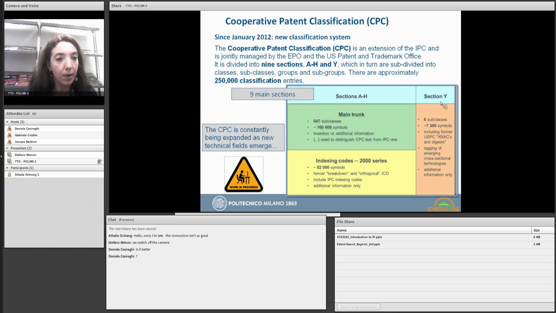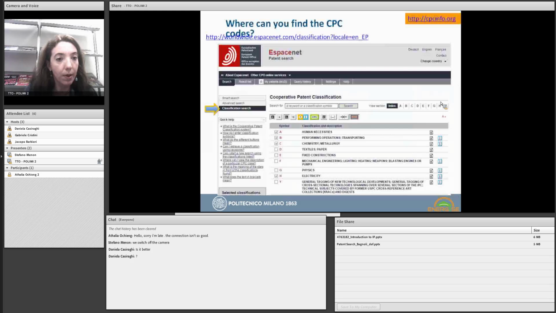The CPC is constantly being expanded as new technical fields emerge, so it's basically a work in progress. You can find the details about the CPC codes on this website, and you can read the codes and find the codes that are pertinent to your invention on the Espacenet database. Espacenet is a database provided by the European Patent Office.